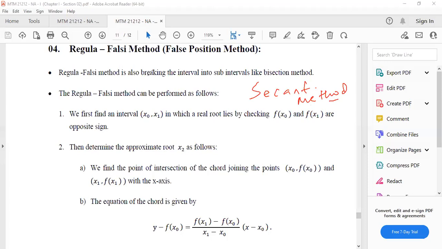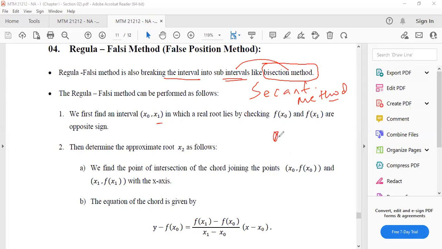The regula falsi method is also breaking the interval into sub-intervals, which we have seen in the bisection method. It's going the same way, but choosing the next point is different. In our bisection method, we chose our next point as the middle point.